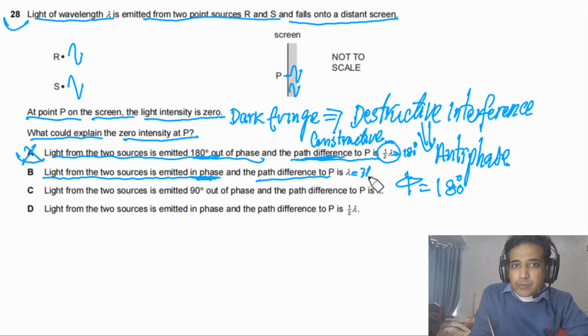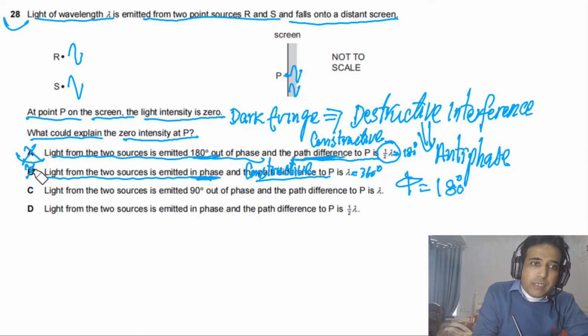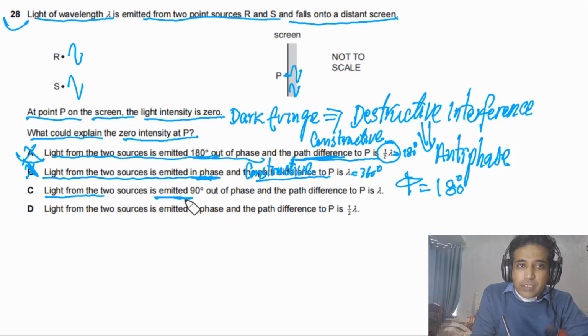It means phase difference is equal to 360 degrees. So when they reach this point, again they will be in phase. So this is also constructive interference. It means option B is also not a possible answer. So this is incorrect.